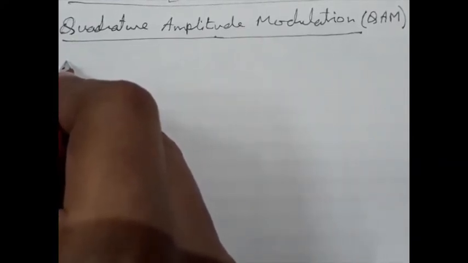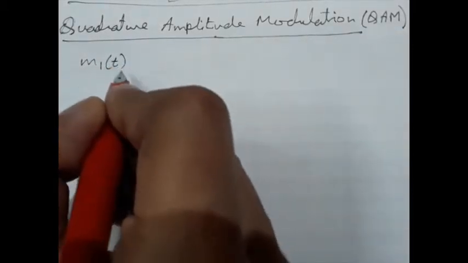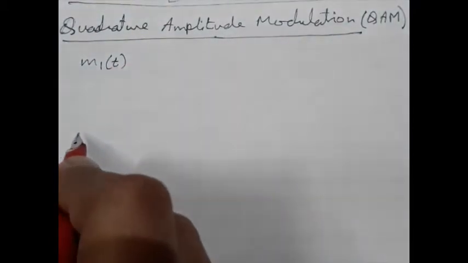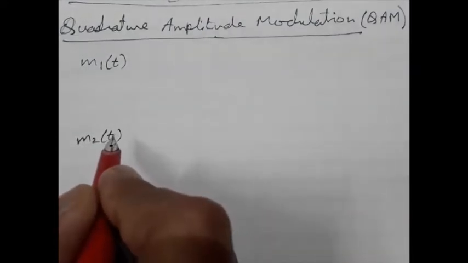So first of all, assume we have two signals, m1(t) and m2(t).